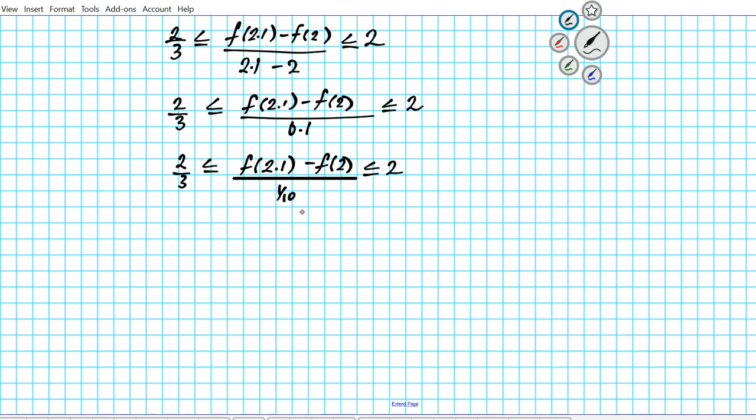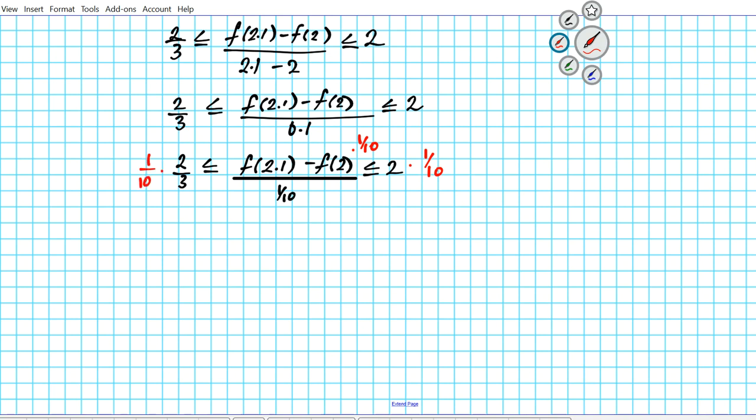To get rid of this fraction in the bottom, we multiply all three sides of the inequality by 1/10. This is a compound inequality, so we multiply the middle by 1/10, which cancels that 1/10 right there, and then we multiply the right side by 1/10, and the left side by 1/10 also.